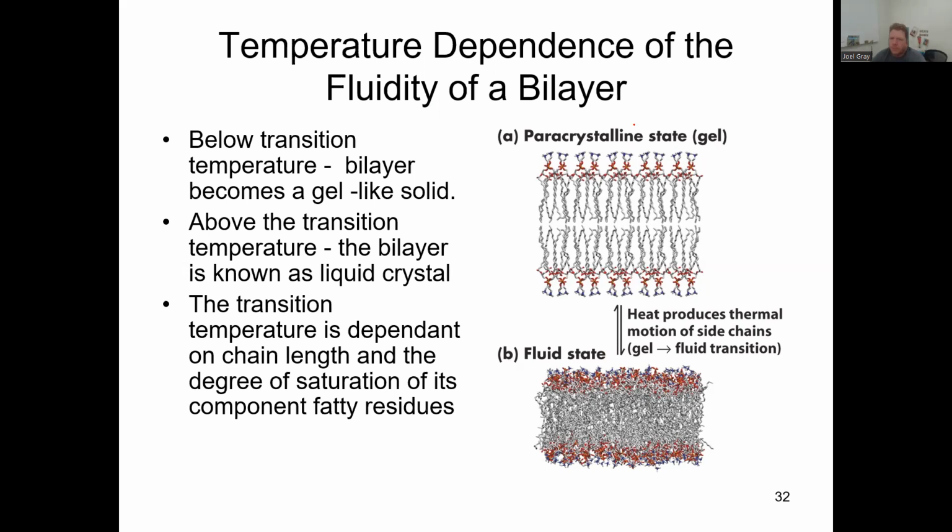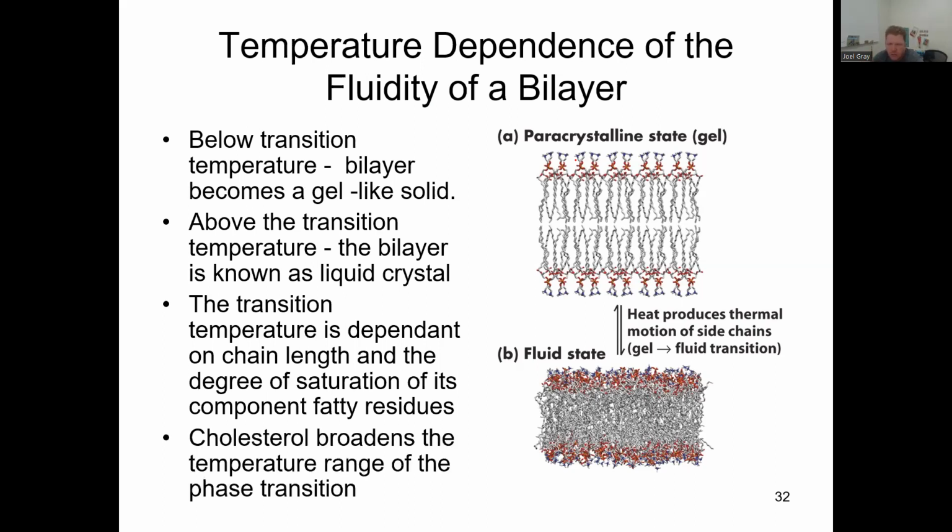I'll get into this in just a second with a study, but essentially at a low temperature, lipids are going to be very rigid. But then as you add heat, they get a little bit more fluid, closer to being a liquid as opposed to a solid. And it all has to do with this transition temperature.